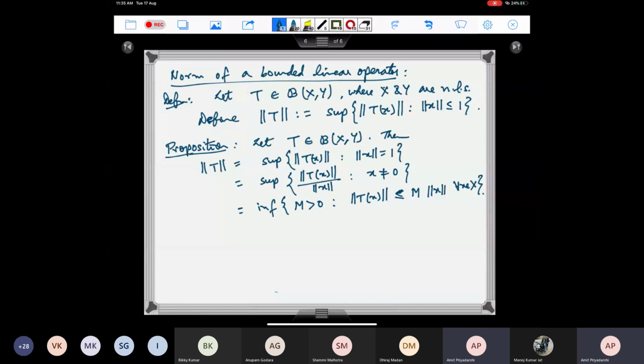So there will be an infimum. And if we take the unit sphere, then of course this norm Tx will be less than or equal to this norm of T, which is finite. And similarly here, this supremum will be finite.